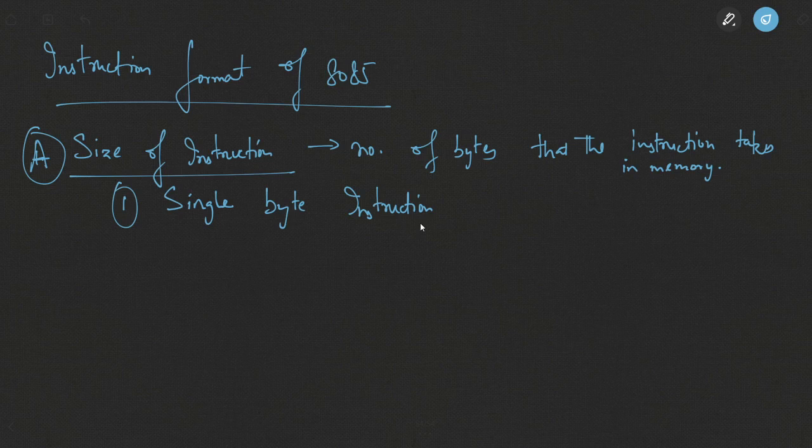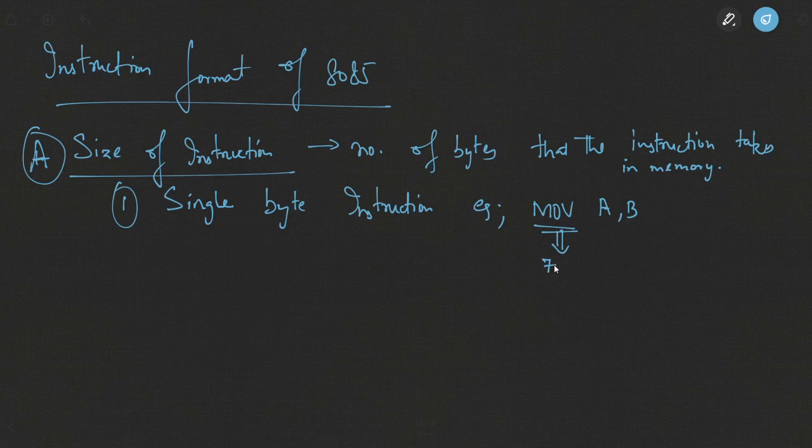For example, we have a single byte instruction, say MOV A, B. An instruction in a microprocessor is defined through its opcode, and the opcode is a hexadecimal number.